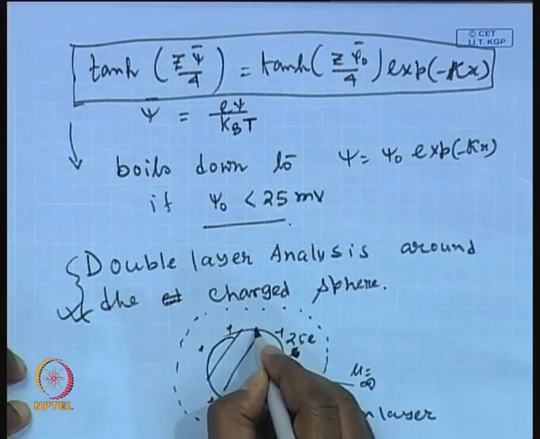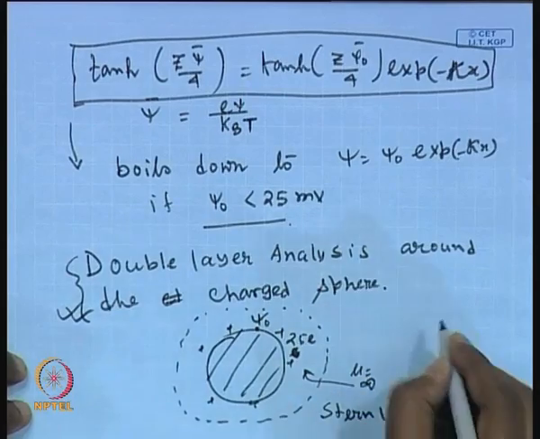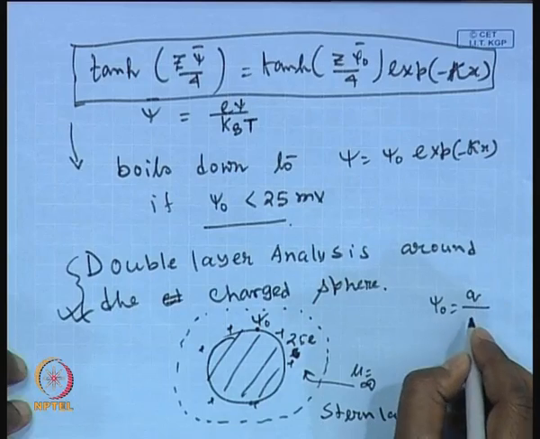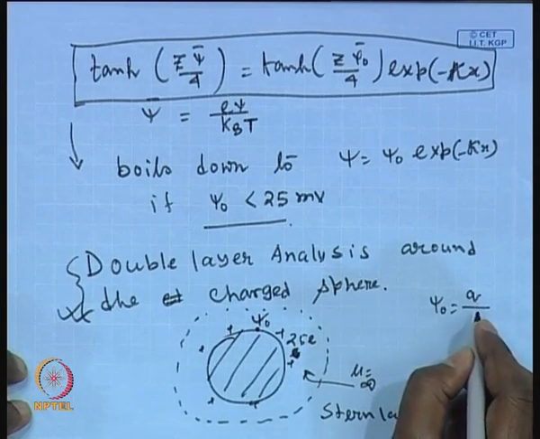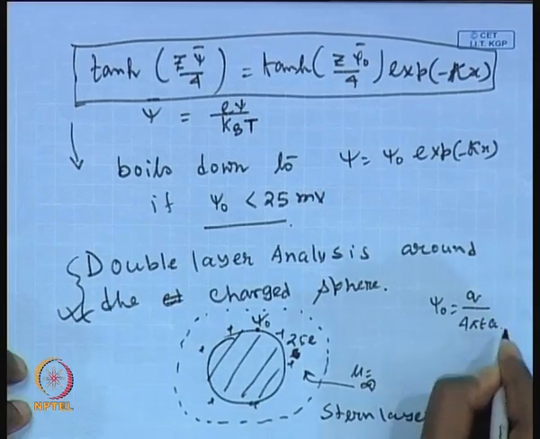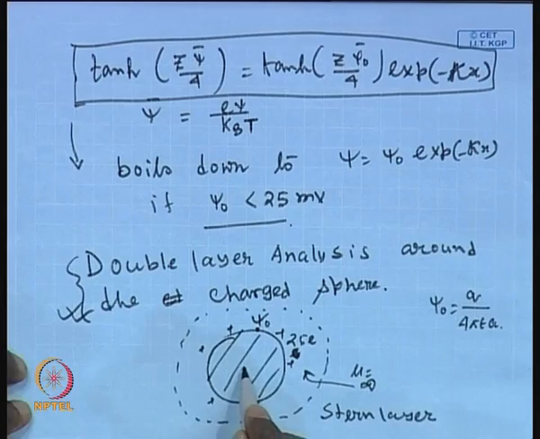So, if the surface potential is psi 0, what is psi 0? Psi 0 is nothing but q by 4 pi epsilon times a, where a is the radius of the particle.